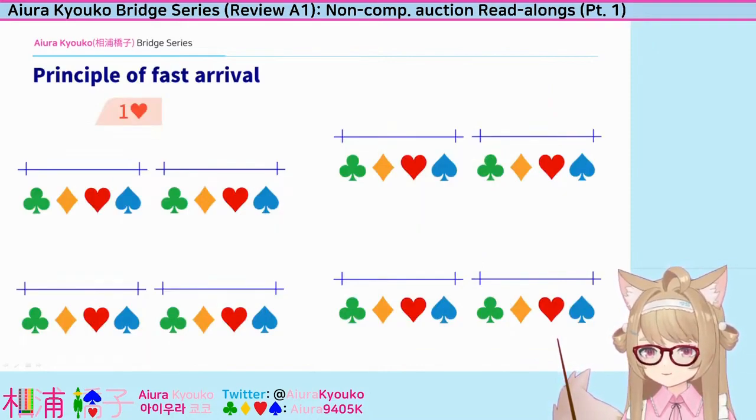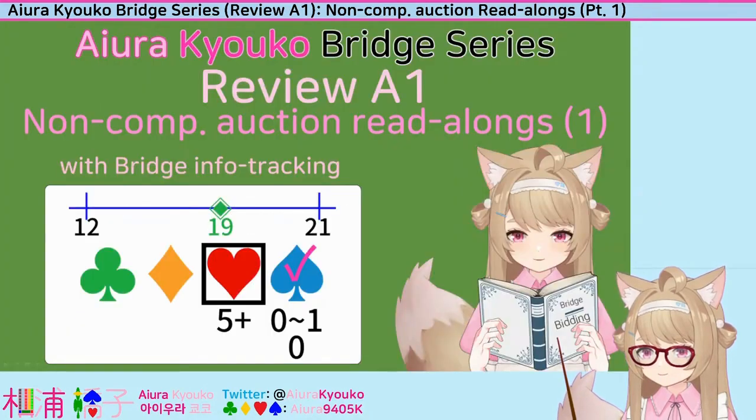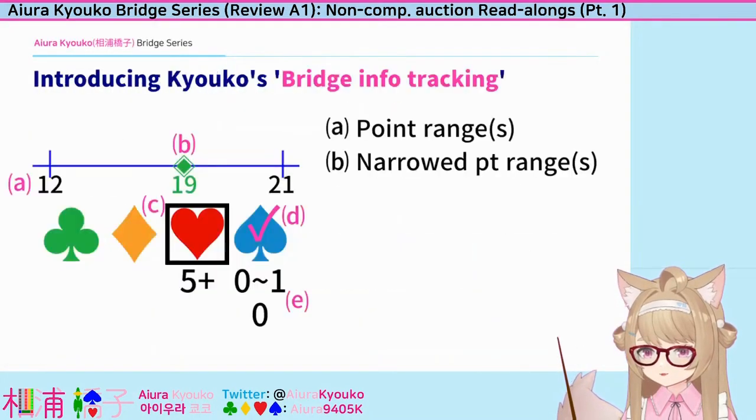So okay, let's go with the first option, starting from 1 heart. How can we mark this on the bridge info visualizer? Or wait, oh, it's info tracker that I named it.